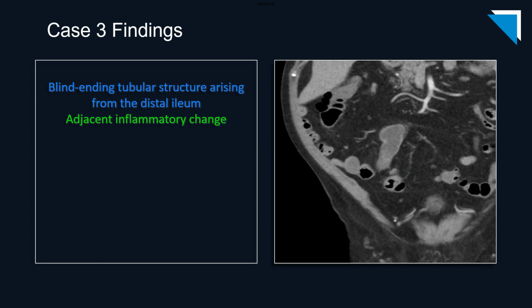On this coronal slice, we can better appreciate the tubular nature of the finding. And again, the subtle adjacent inflammatory change. So this is a case of Meckel's diverticulitis.